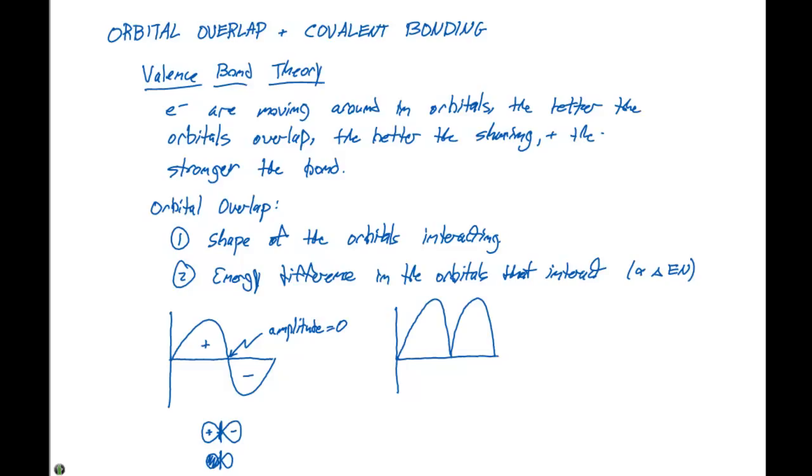Okay? Because when we square a negative number, it's going to be a positive number. And this relates to the picture that we see in the book where the orbitals aren't shaded. Okay? We still have the node here in the center where the amplitude is going to be 0, where the probability of finding the electron is going to be 0. And this is all based upon the wave-like nature of this electron.